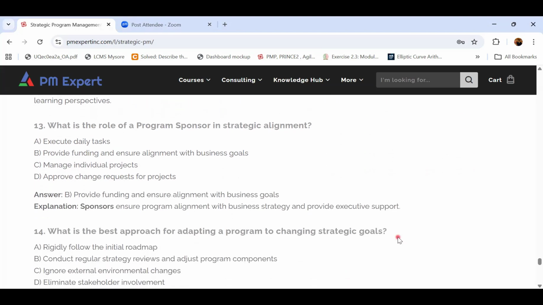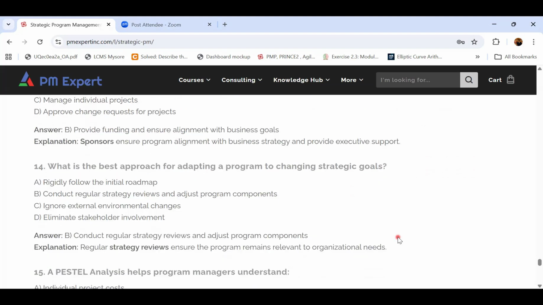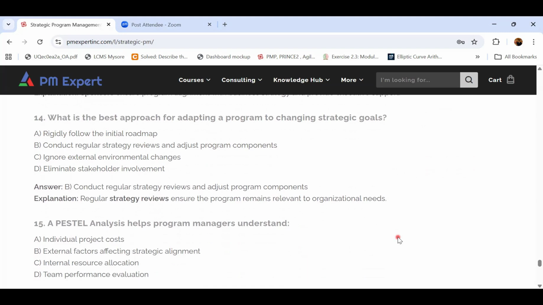What is the best approach for adapting a program to changing strategic goals? Bravo. Perfect. PESTLE analysis helps the program manager understand.